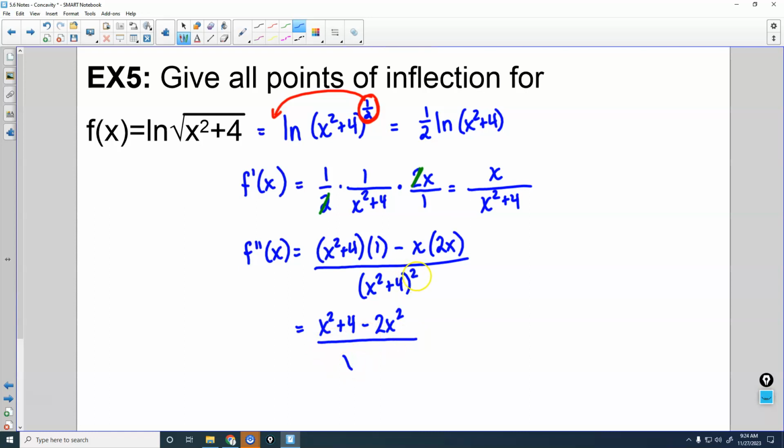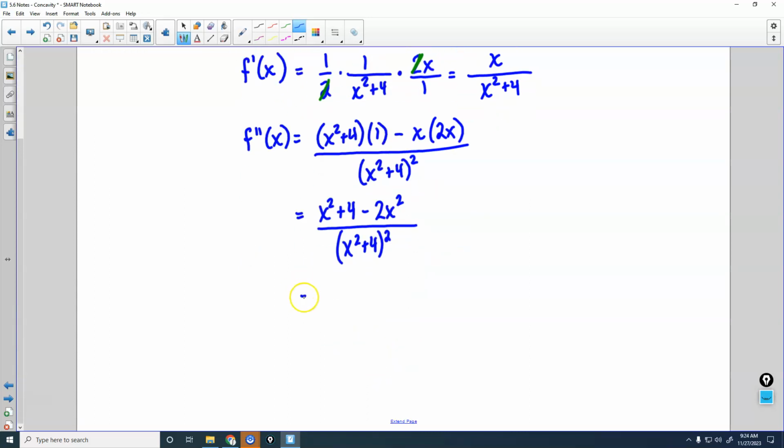Oh, wait. Forgot my square there on the bottom. x squared plus 4 squared. And so I will have 4 minus x squared over x squared plus 4 squared. And it's up to you. You can leave it like it is, or I'm going to do 2 minus x, 2 plus x for that numerator.